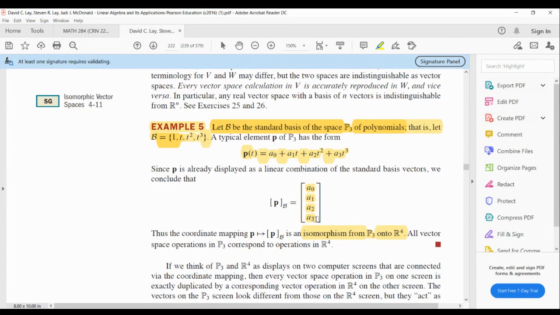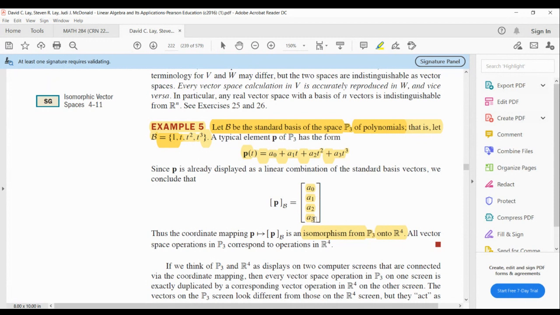The basis 1, t, t squared, t cubed is always there, but any polynomial can be written as a linear combination of those, and the linear combination is a sub 0, a sub 1, a sub 2, a sub 3. We call that an isomorphism. It's a one-to-one onto mapping.